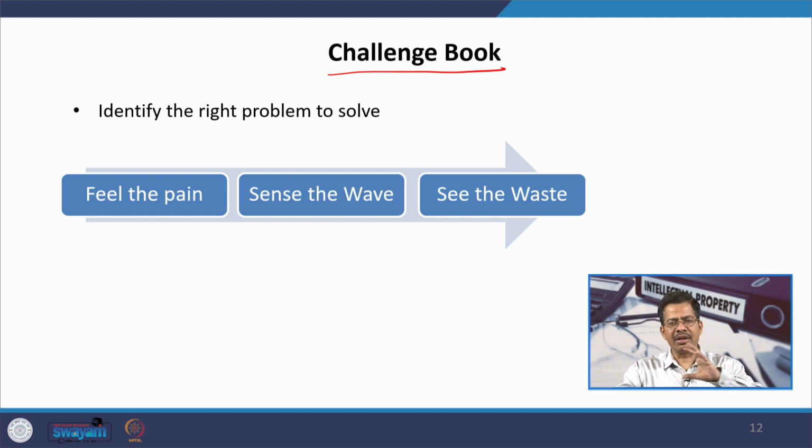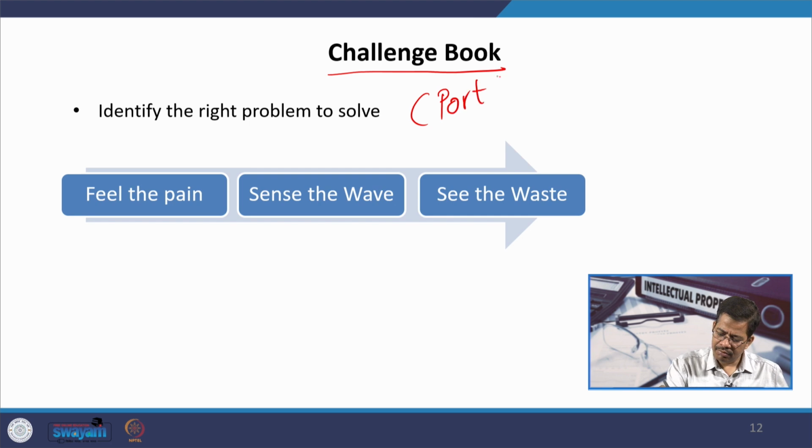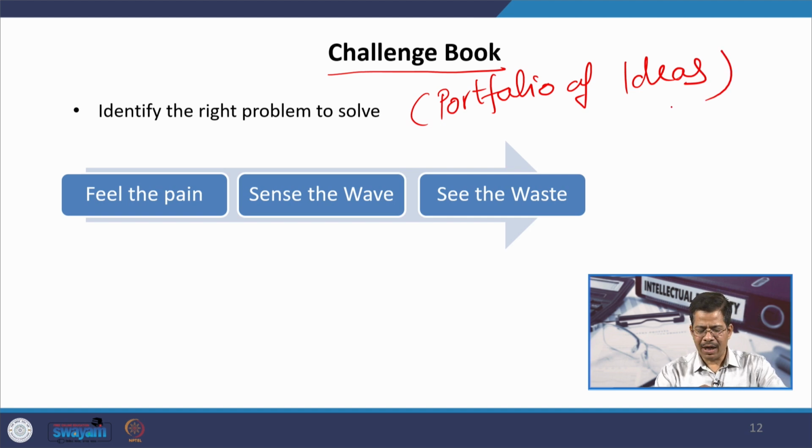This challenge book is nothing but a diary kind of a thing, or a notebook, or a digital notebook these days, where we create an inventory. Like you have an IP portfolio, you can also have a portfolio of problems to be solved. So, this is like creating a portfolio of ideas, and the ideas are basically problems to solve.